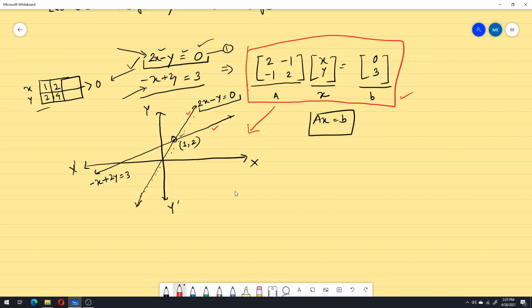Now in this particular example, for the system that is written here, you have worked at the row level.